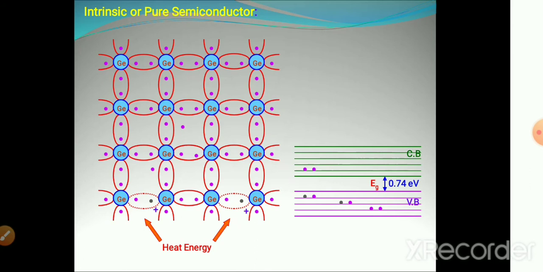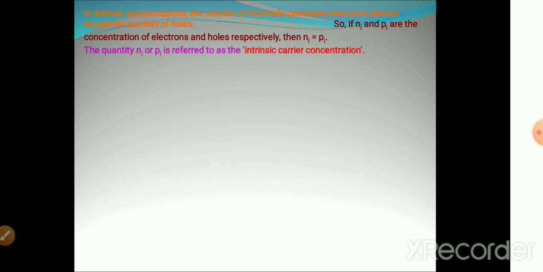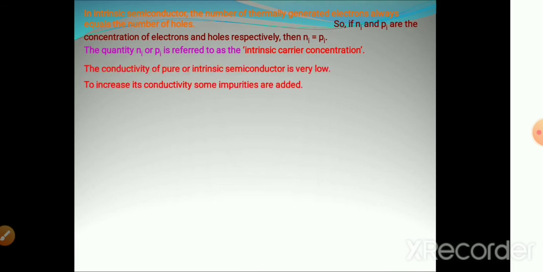This is called electron-hole recombination. So the number of electrons and the number of holes are equal. The conductivity of a pure semiconductor is very low.